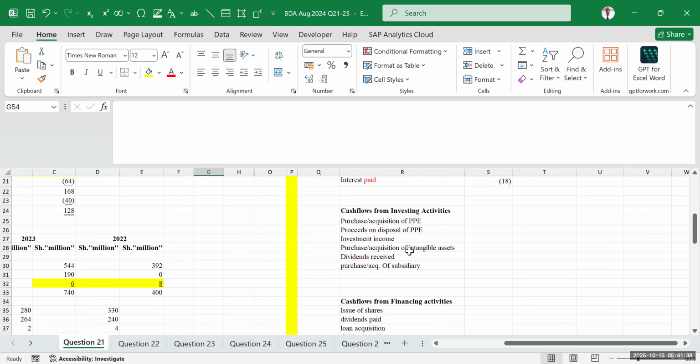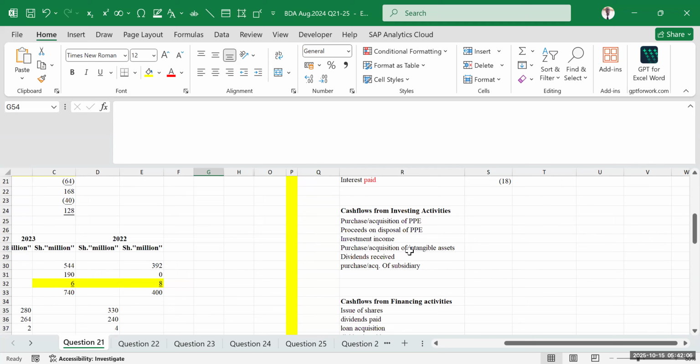activities. Members, I assume you already know that these are cash flows that arise out of expenditures that will result in the movement of recognized assets in the statement of financial position.